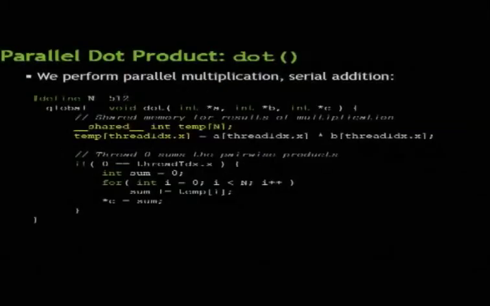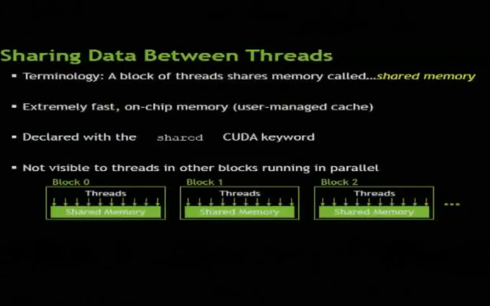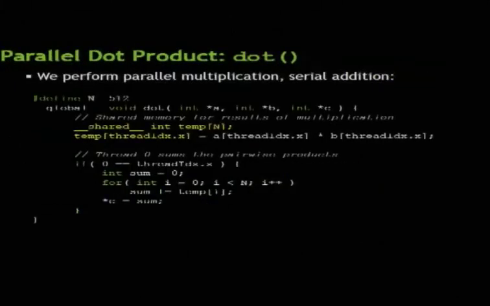We have this dot product, and if you remember, we were talking about what was the benefit of having threads and blocks of threads, and it boiled down to this shared memory concept. You could have the kernel go through and do the summation of the individual private data, and here we've created the shared data.